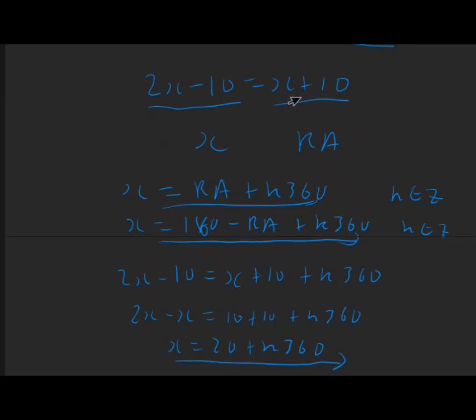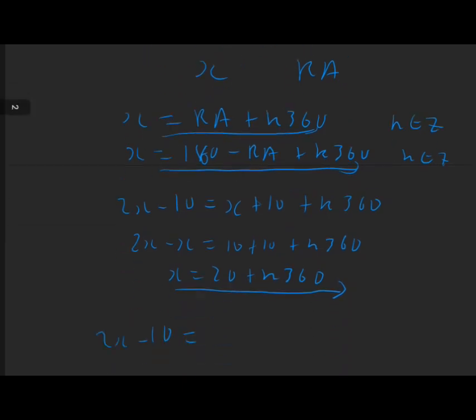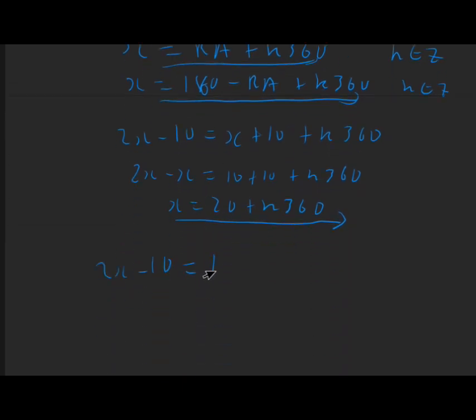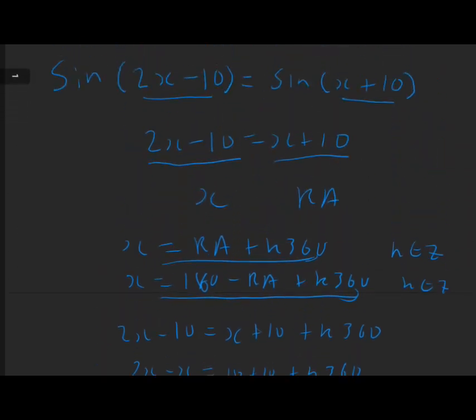Here it says 180 minus reference angle, so it's going to be 180 minus this stuff, but in brackets. So it's going to be 180 minus, and it was x plus 10.